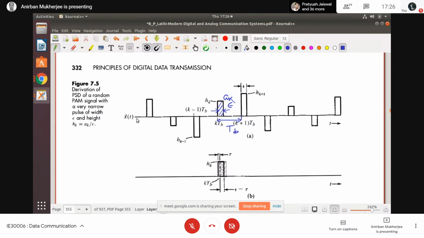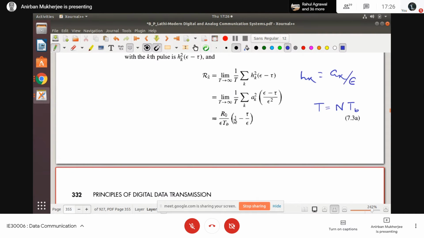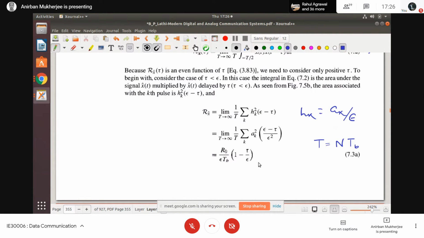I am writing the whole time as n into Tb, that means n number of pulses are there, and in place of T I am writing n into Tb.